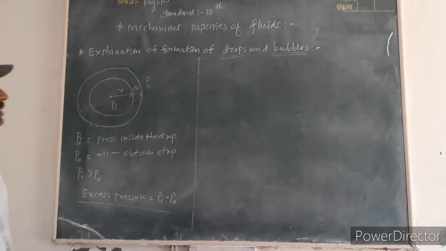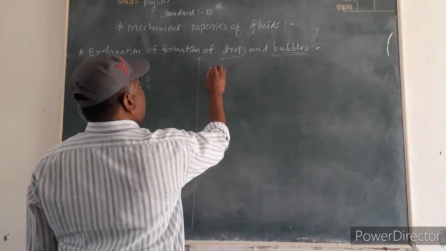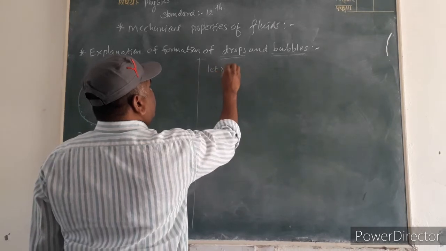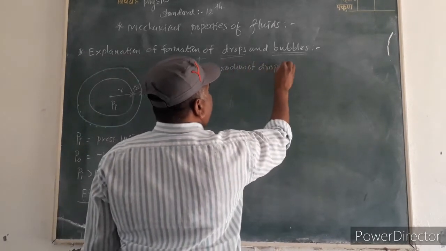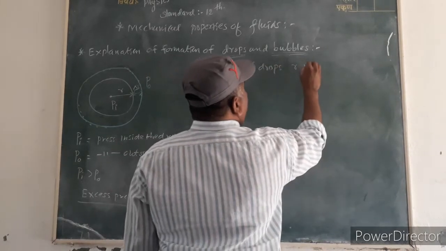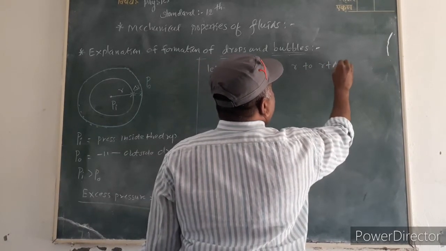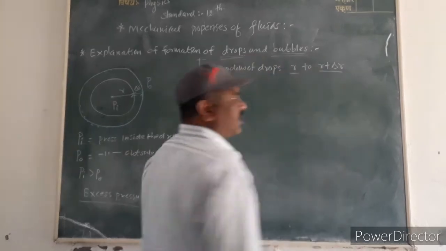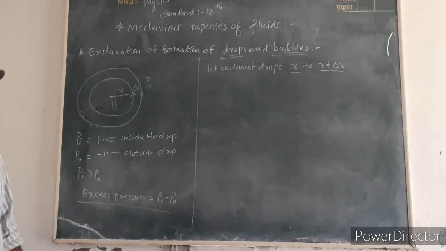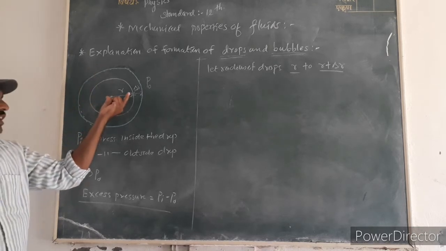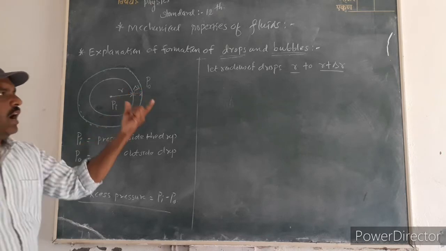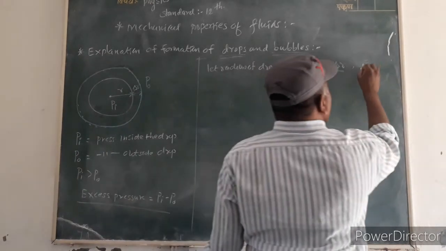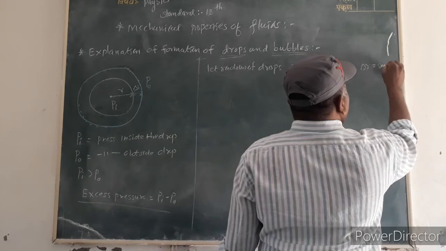Now in the figure, let the radius of the drop increase from R to R plus delta R. Due to pressure, the radius of this drop increases from R to R plus delta R, where delta R is very, very small.